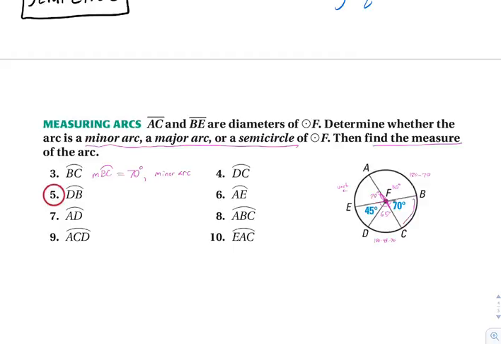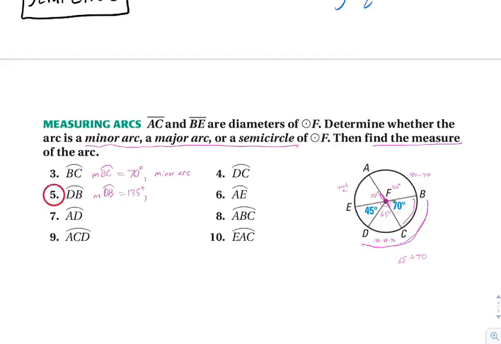Okay, DB now goes through C, and again, I'm doing this smaller, less than a semicircle because it didn't use 3 points to say otherwise. So DB, well, the central angle there is 65 plus 70. So 65 plus 70 gives me a measure of 135 degrees.